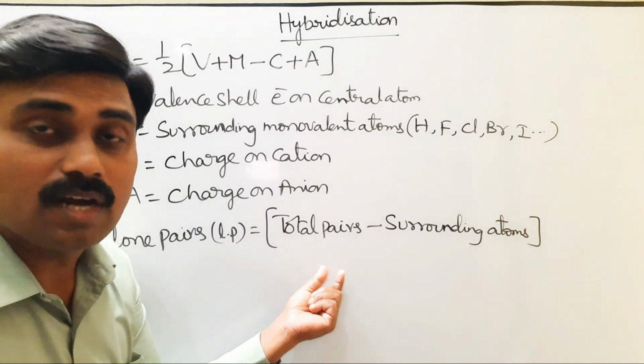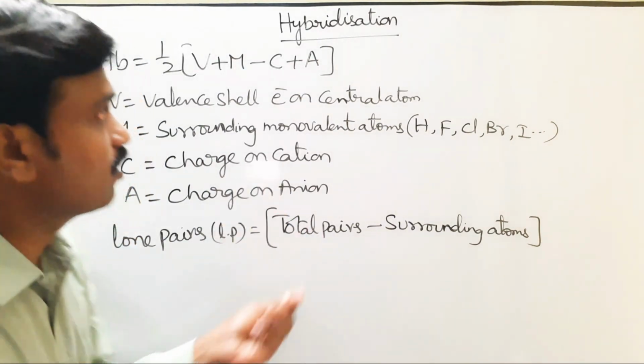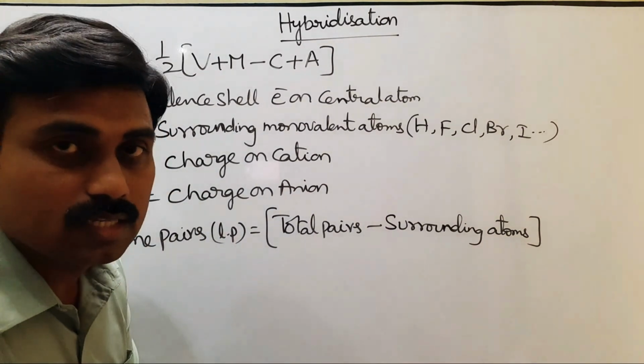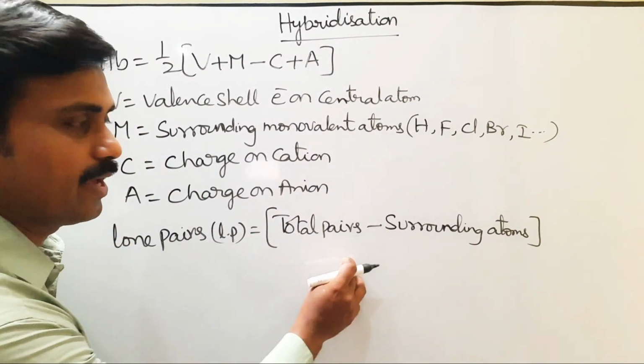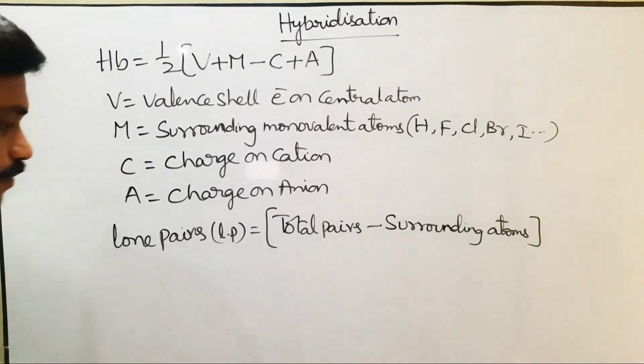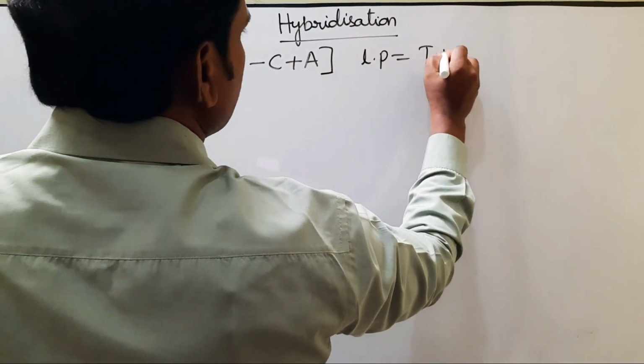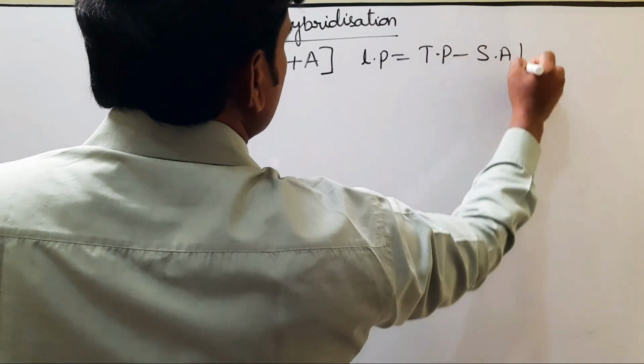Here total pairs means the number of pairs obtained from the hybridization formula. So for finding lone pairs: total pairs minus surrounding atoms.